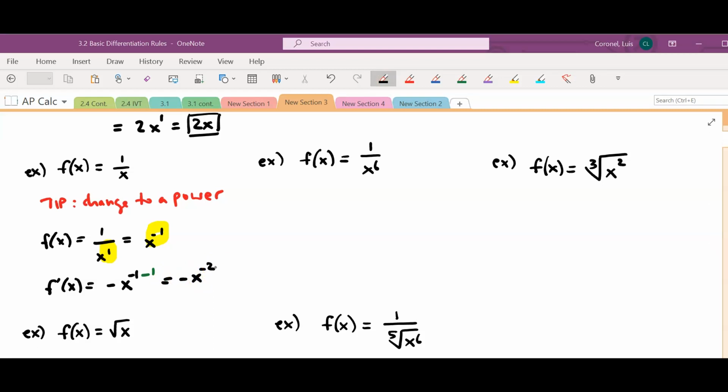We could rewrite it as negative 1 over x squared. The x squared had a negative power. It was x to the negative 2. But to rewrite the negative power, move it to the bottom of a fraction. The negative 1 was your number, so I just left it on top of the fraction.